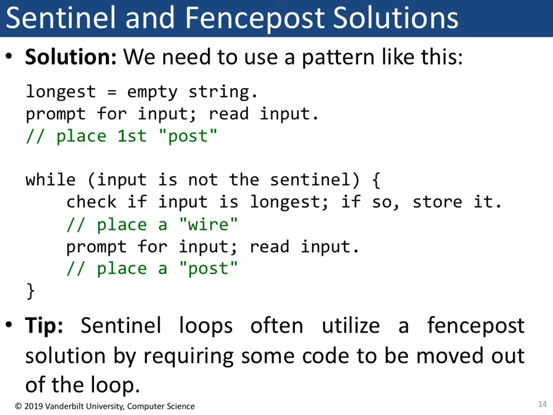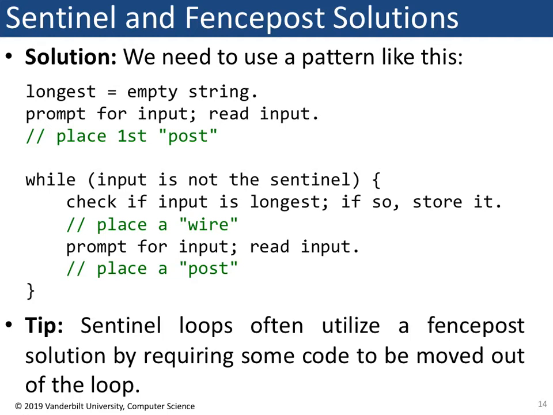So in this solution, we are going to initialize longest with an empty string just like we did before, but our new pattern is going to first place a post and then build fence internally just like we talked about before. So in this case, placing a post, remember, an easy way to remember what's the post and what's the wire, so to speak, you want to place in posts and only do n-1 wire sections.